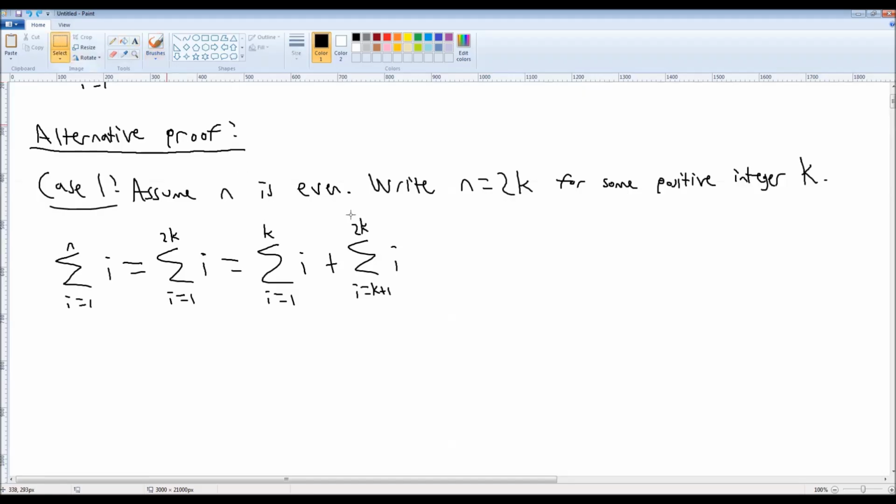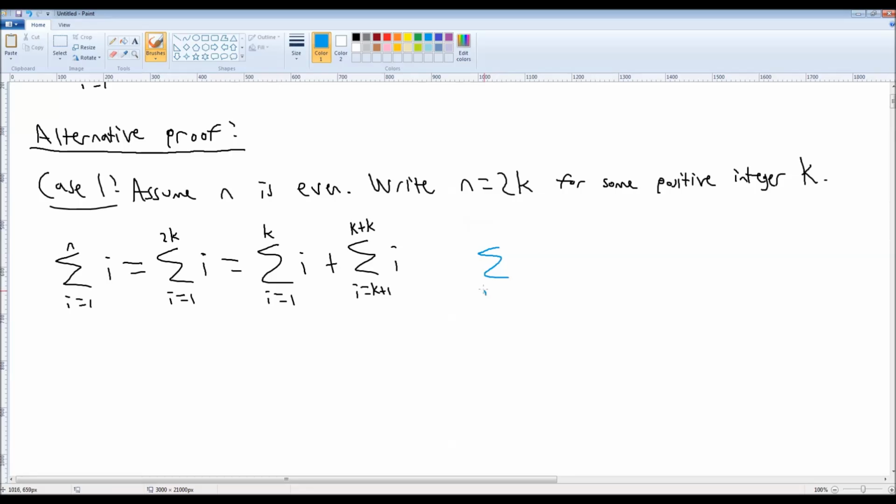Now this k to 2k part, I'm going to rewrite this as k plus k. And why am I doing that? Well, we can take advantage of a property of sigma notation here.